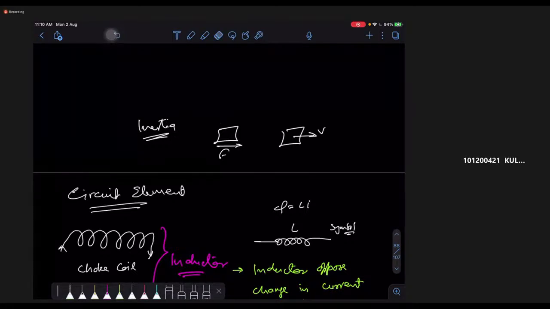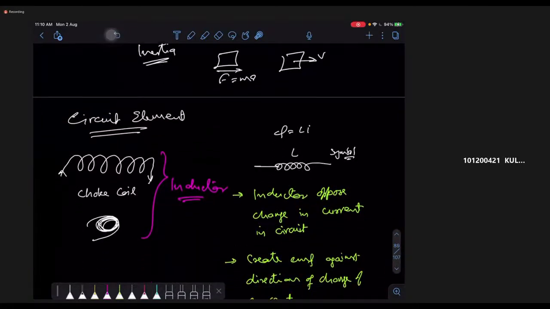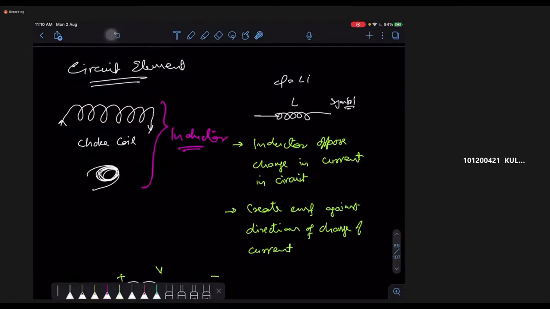This opposition is in terms of inertia. So you're getting less acceleration. To get more acceleration, you have to apply more force. So in that sense, it is going to play the role. So there is a current flowing through the inductor, and if you want to change it, it is going to oppose, right?